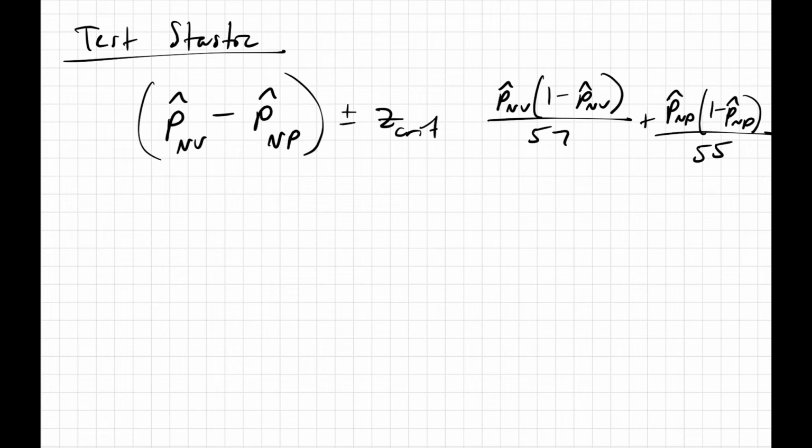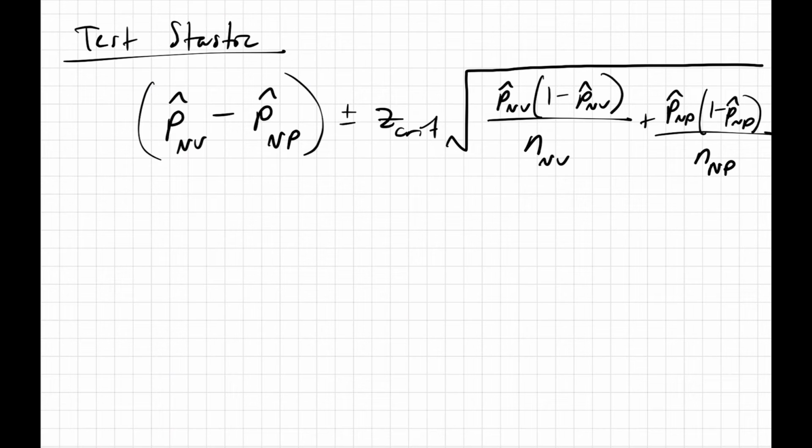For the test statistic, is it okay to just put N of NV, or do I have to put the 57 in there? Oh, no, sorry, you're right. Not yet, I should put NV, because otherwise it would have been wrong. The numbers will come in the calculations part.